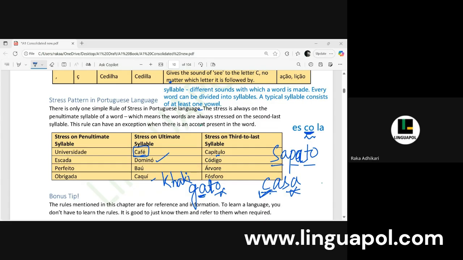Can you read the second word, this one? Anyone? Código. Yes. Código. Great. Muito bem, gente. Okay. What about the next one?